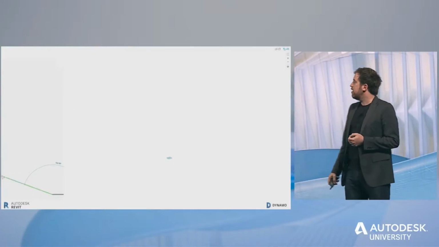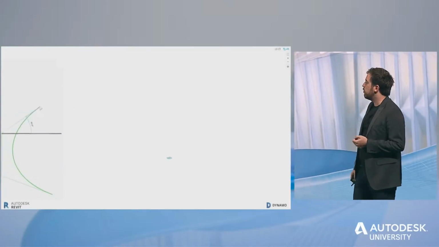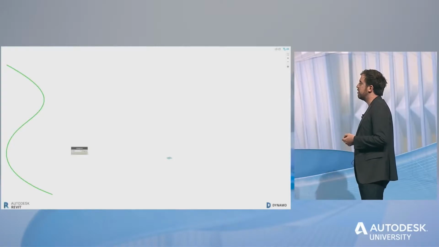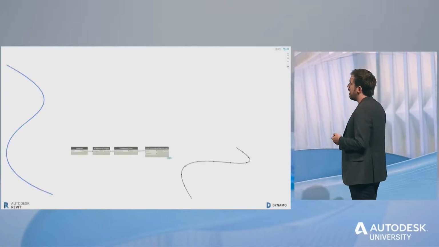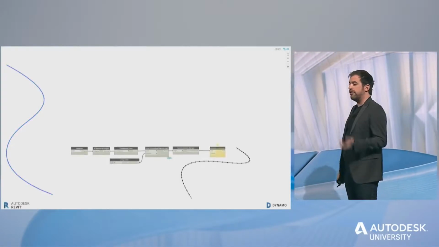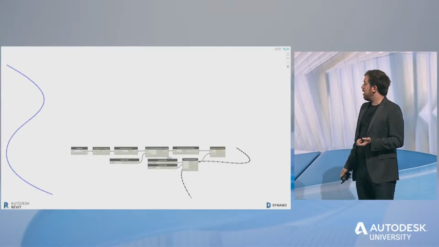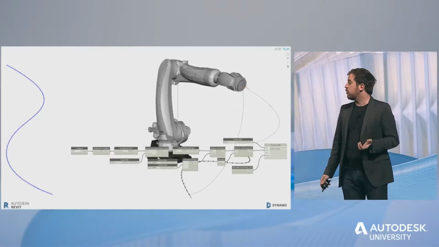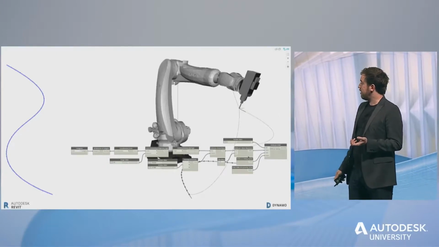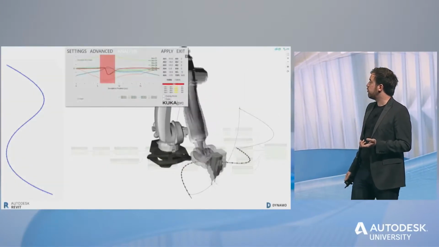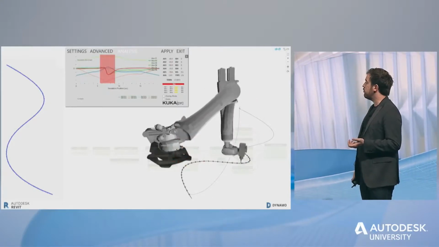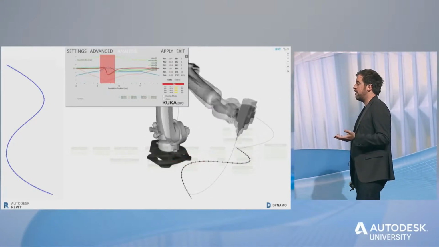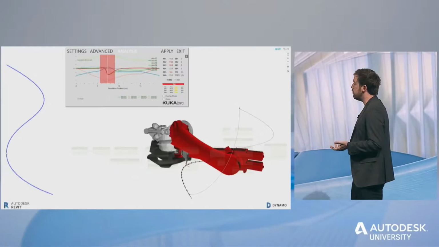This is the simplest possible example. You draw a curve in your CAD environment, in this case in Revit, and then you reference it in your visual programming. You divide it into a number of points, or actually coordinate systems, and then you constrain it to the robot. Now, whenever you do anything, you see how the robot can fabricate it, or if the robot cannot reach a point.